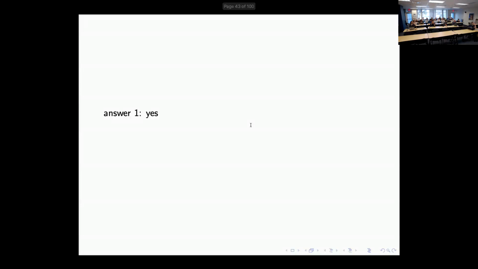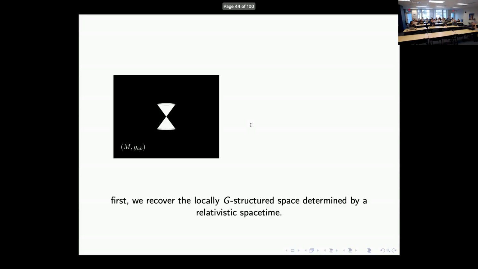So let's start with answer one. Yes, there is a sense in which every relativistic spacetime can have all of its structures recovered from a locally G-structured space. This is going to take a little bit of work. Suppose we have a relativistic spacetime M, G. The first thing we have to consider is which locally G-structured space we should be looking to recover the structures of this spacetime from.